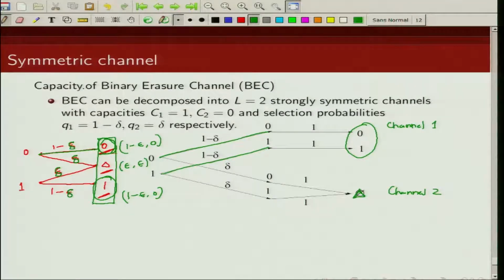It's the same thing, I am just changing the notation. I am writing this as 1 minus delta and this as delta. Then I can select this channel with probability 1 minus delta. So this selection probability is 1 minus delta, and this selection probability is 1 minus delta.